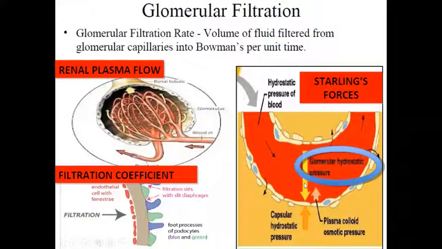As you are filtering the fluids into the Bowman space, there will be a buildup of fluids within the Bowman space. That will also create hydrostatic pressure in the Bowman space. This is the opposing pressure to the hydrostatic pressure found within the capillaries. So it will be negative pressure because it's opposing the filtration process.